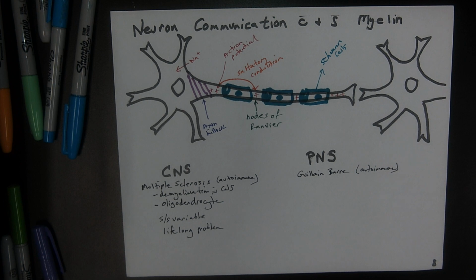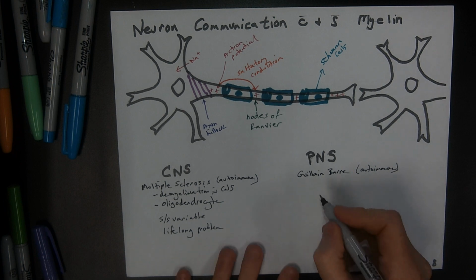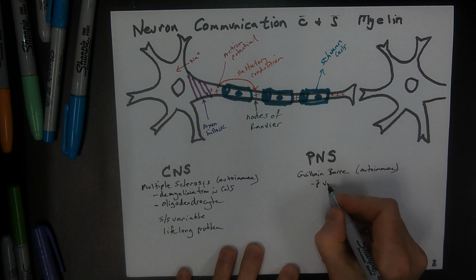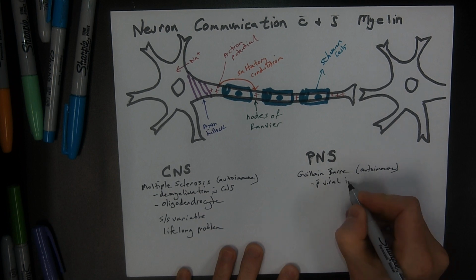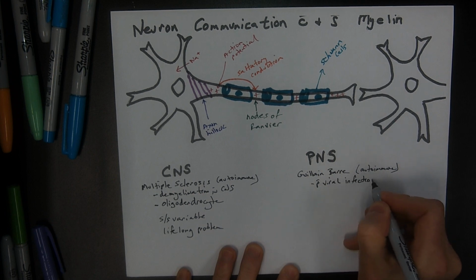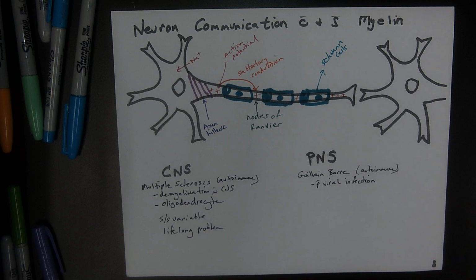Guillain-Barré usually presents after a viral infection of some sort. Patients can present with sensory changes as well as weakness a couple weeks after their infection. It usually starts distal and then proceeds proximal. It can be so bad that the person requires a ventilator just to breathe.